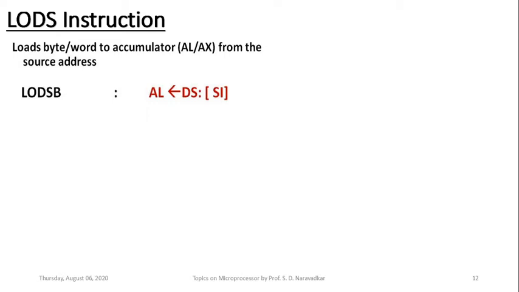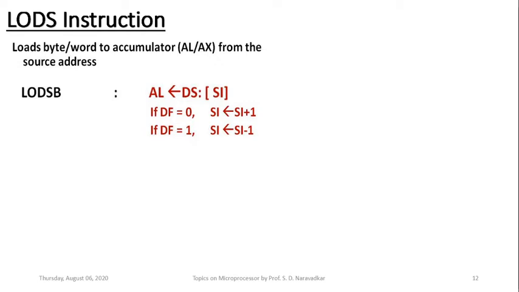The basic LODSB instruction is only this much. But the effect of the direction flag needs to be elaborated after every string instruction, whether it is a byte variation or word variation. If the direction flag is 0, then the index register involved will be auto incremented. So you can observe, if the direction flag is 0, SI plus 1 is copied to SI.